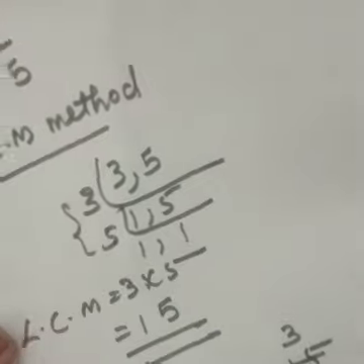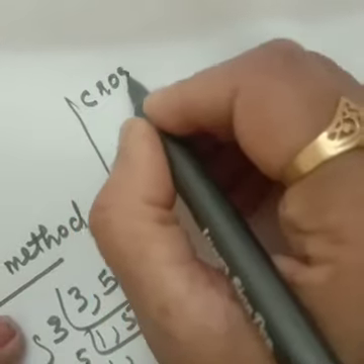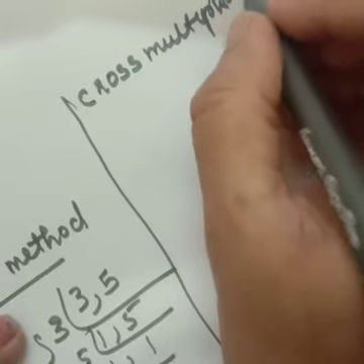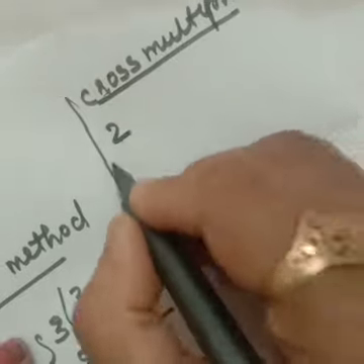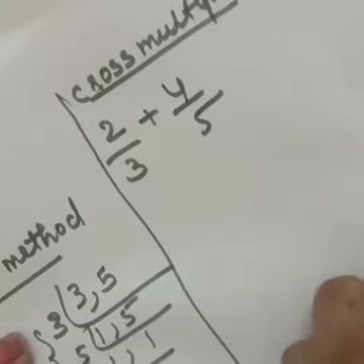Now I will show you the cross multiplication method. Question is 2 by 3 plus 4 by 5.